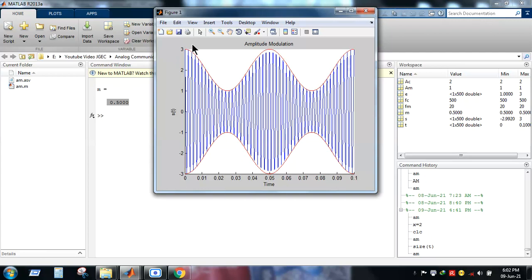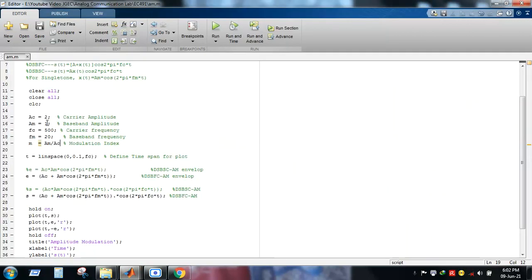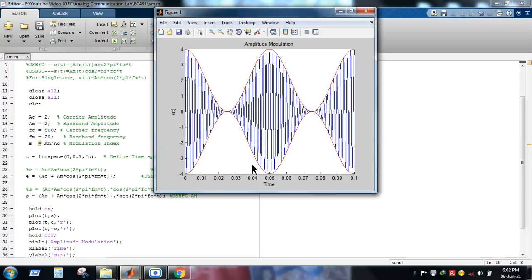Why under modulation? That means whenever the carrier amplitude is greater than the baseband amplitude, in that case the message signal can be transmitted effectively. So this is called under modulation. Now if you want to observe the critical modulation, we know that in critical modulation the carrier amplitude and baseband amplitude are the same. So if we make both the same, what will happen? Let's see that.